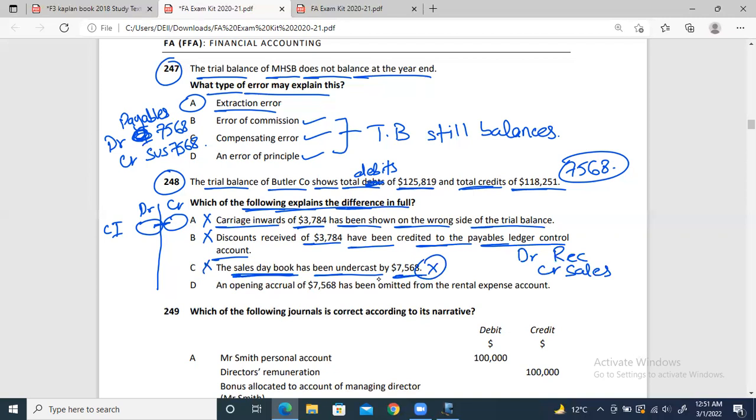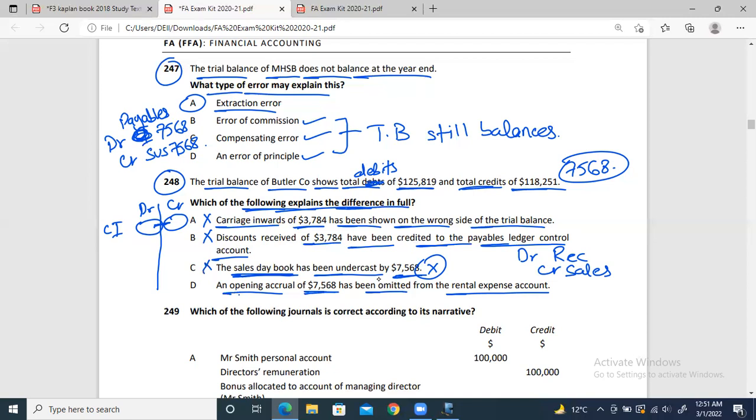So an opening accrual of 7568 has been omitted from rental expense. Yes, if any kind of opening balance is omitted, forgotten from any kind of T account, then obviously this will cause a problem and will result in the closing balance being wrong as well. So we go on the debit side of the suspense account. Yes, exactly.